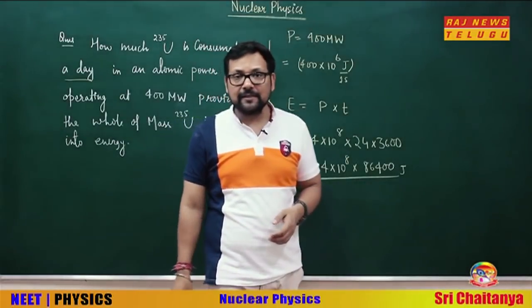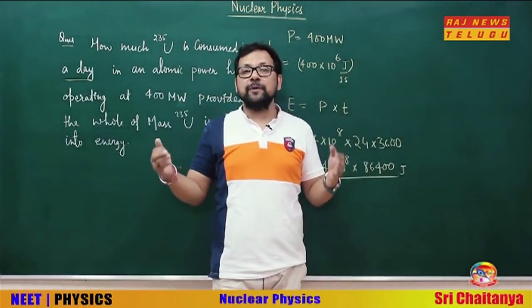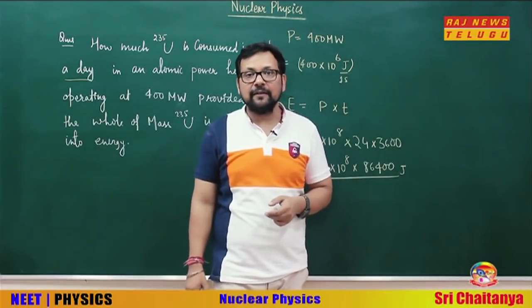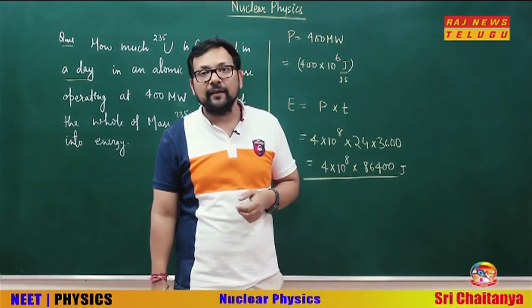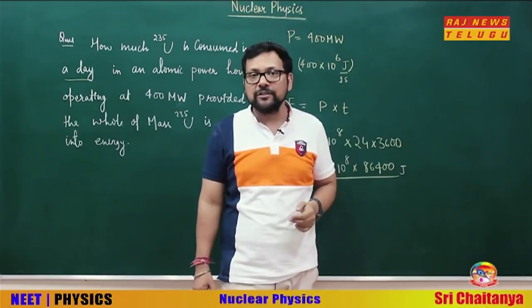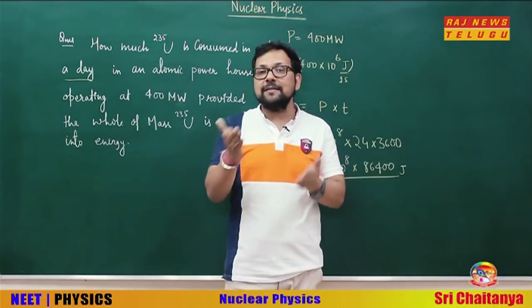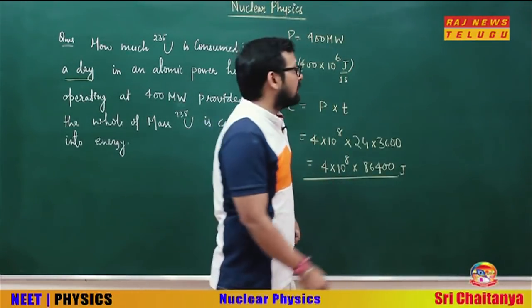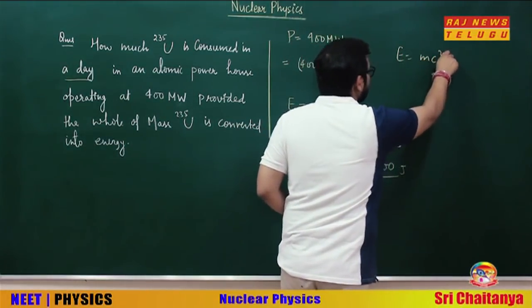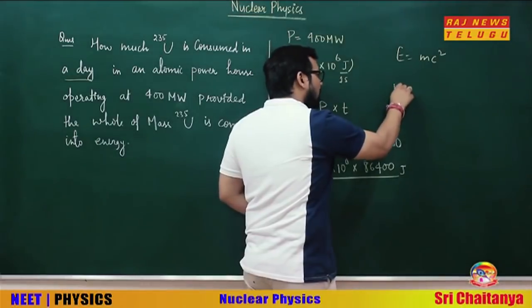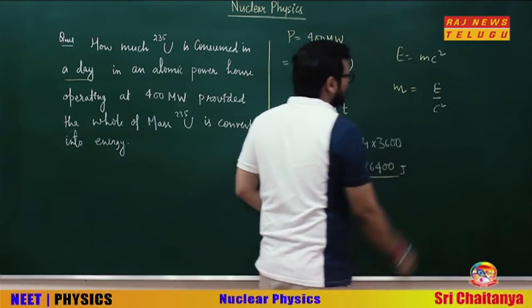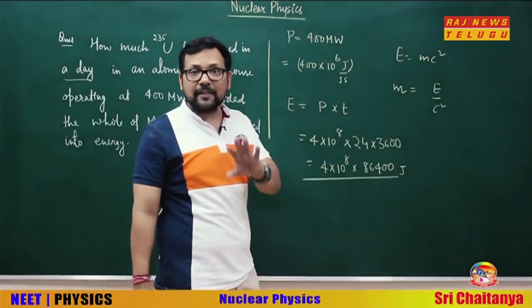But the question is, from where has this much energy actually come? It has come from the conversion of the fuel. And what was the fuel? The fuel was uranium. Mass energy equivalence. What is the formula, my future doctors? E equal to mc square is the formula. So what mass of uranium will you be converting here? E by c square. And what is E, assuming 100% efficiency?